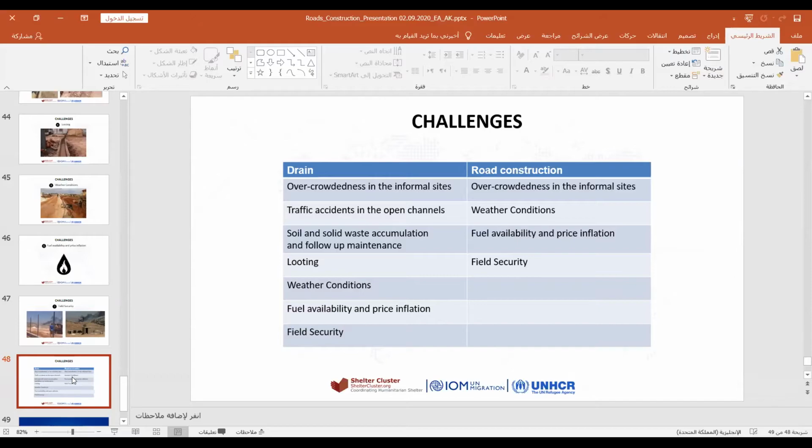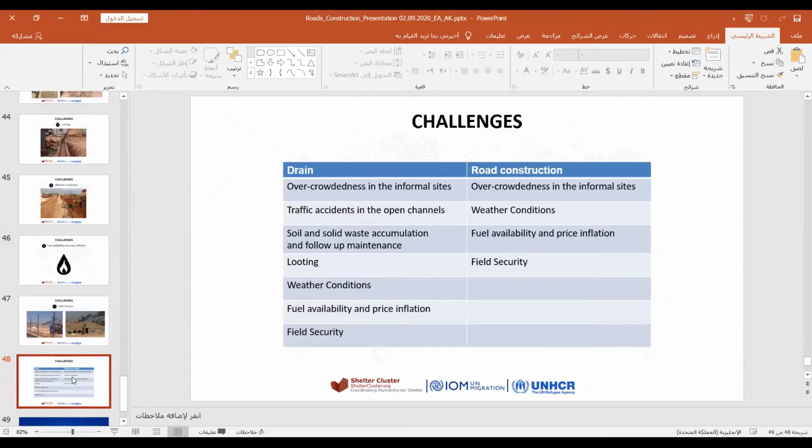First, overcrowdedness in the informal sites, as we mentioned, when we have narrow roads. The second challenge is traffic accidents in the open channels. The third, soil and solid waste accumulation and follow-up maintenance.